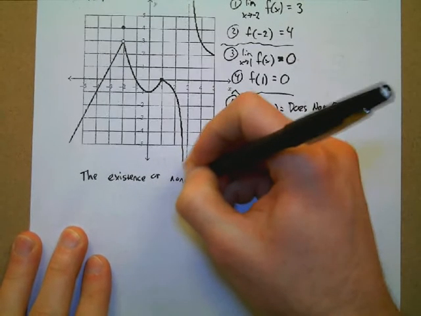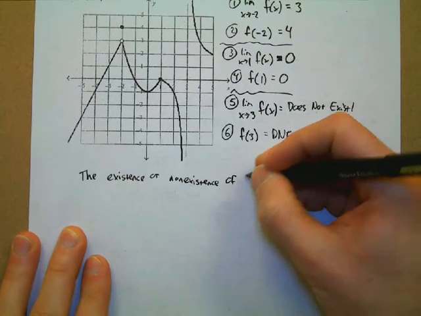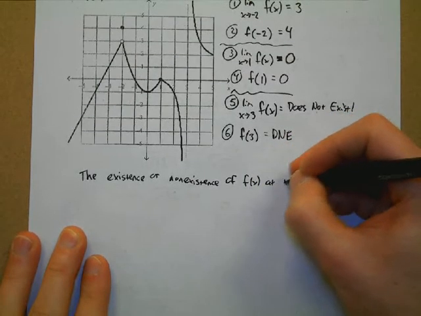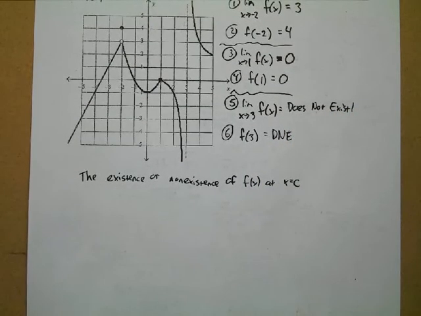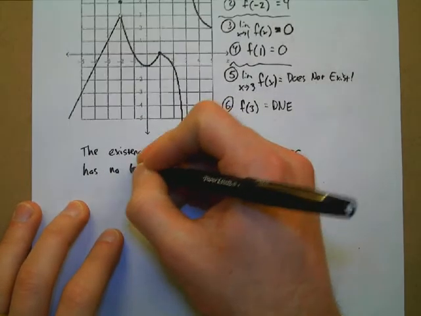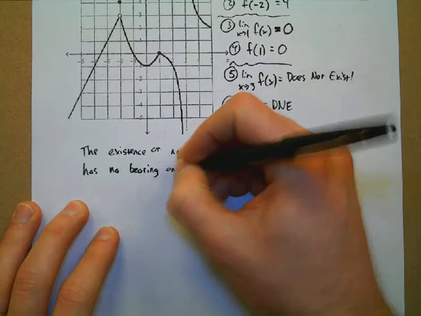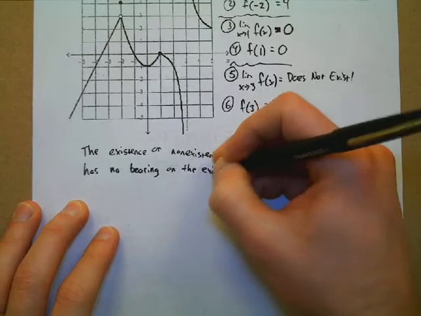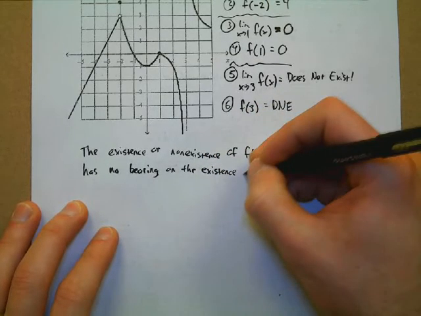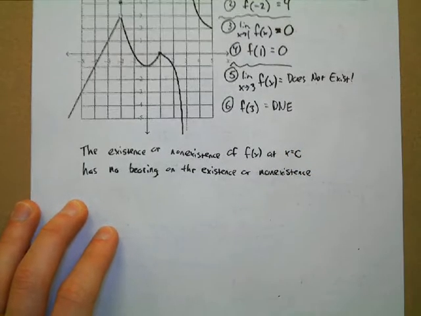So that is the function value, the existence or non-existence of the function value at a particular x value, c we'll say, has no bearing on the existence or non-existence of the limit as x approaches c of f of x. That's an important summary of this exercise, something I try to emphasize.